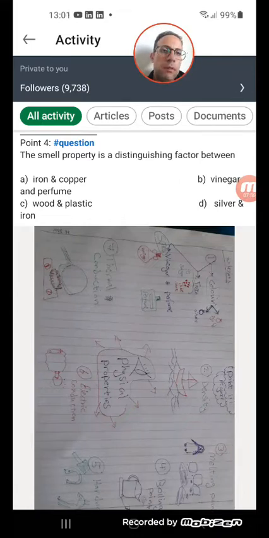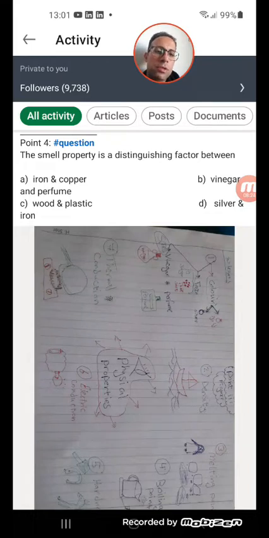As we said, the distinguishing property for vinegar and perfume is the smell. To not get misled or confused, it may help you in your study to put in your mind that when you think about the distinction between matters, you should think what is the first thing when I see the answers.